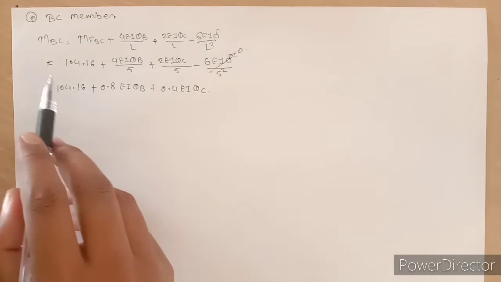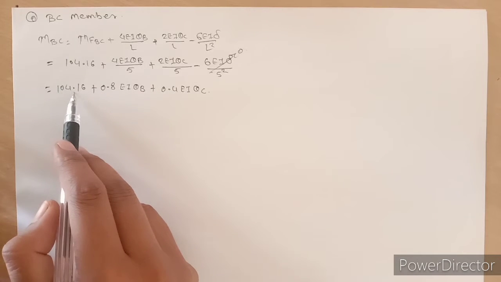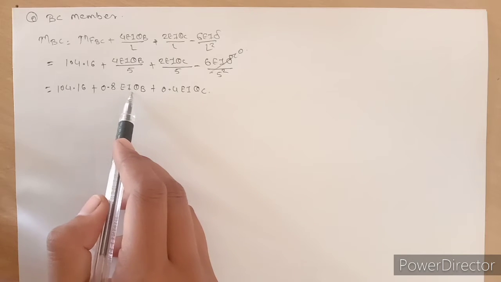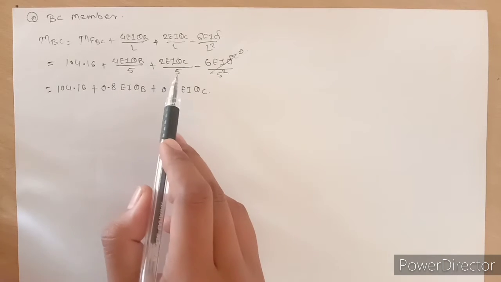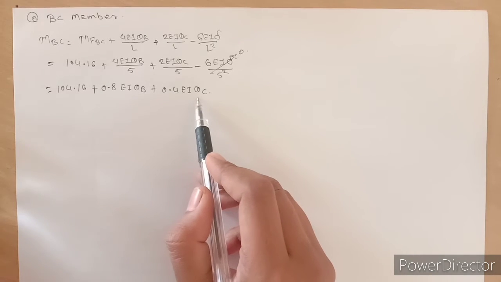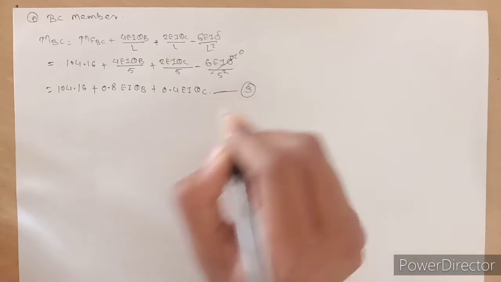Solving this, we get 104.16 plus 0.8 EI theta B plus 0.4 EI theta C. This is equation number three.